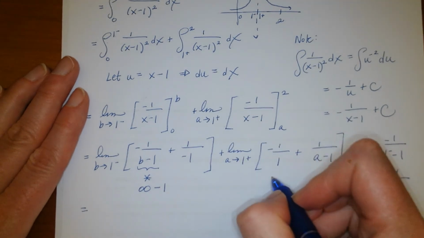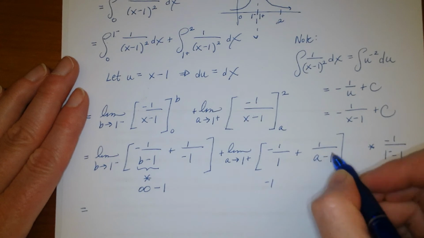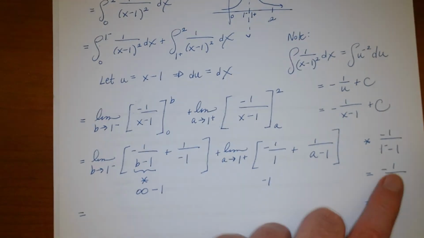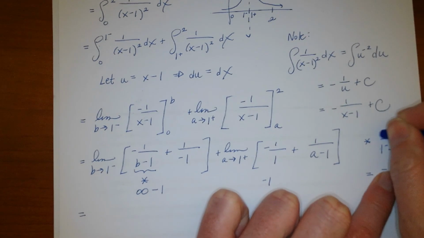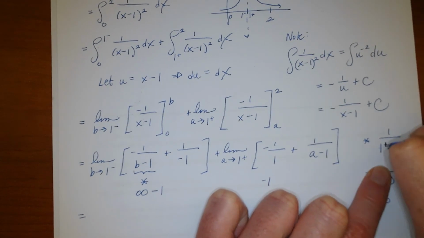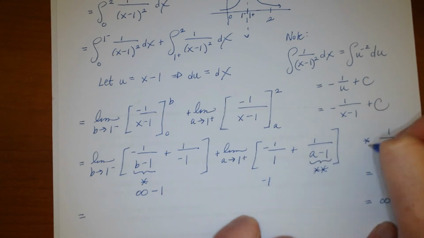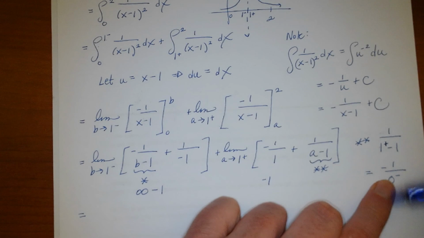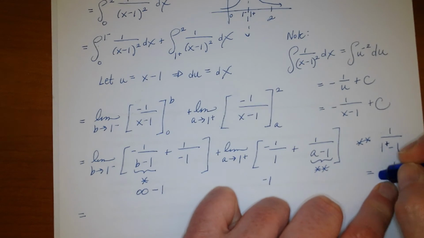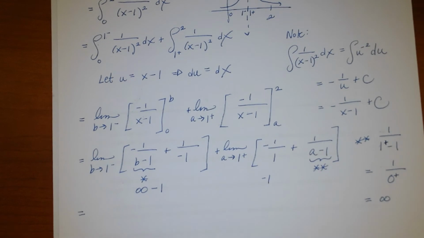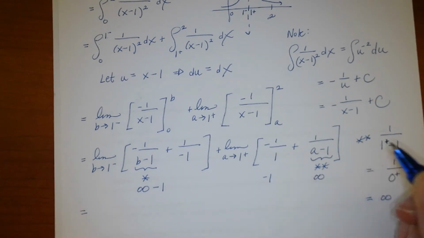And then over here we have -1, and let's figure this out. You're letting a approach 1 from the right, so that would be positive 1 on top this time. So we'd end up with positive 1 divided by a little tiny positive, so you get positive infinity again for that part.